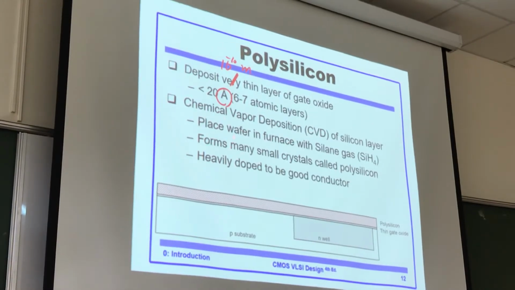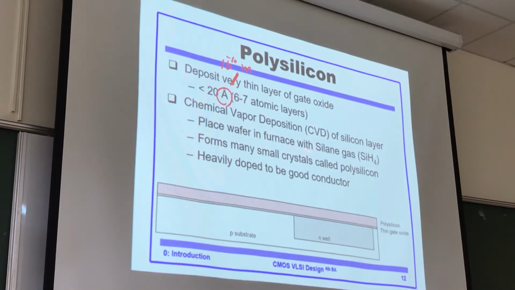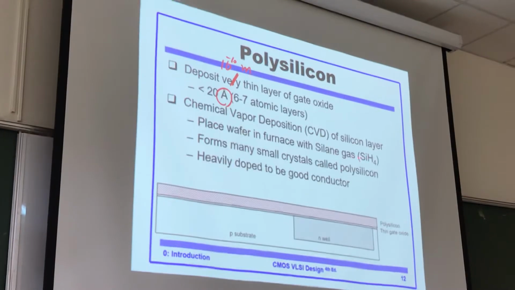And then again in the furnace, chemical vapor deposition, CVD, of a silicon layer. The wafer is in the furnace with a gas, and forms many small crystals called polysilicon here.